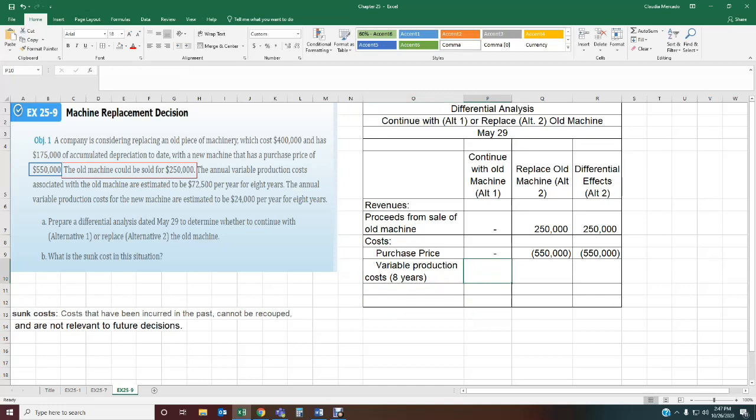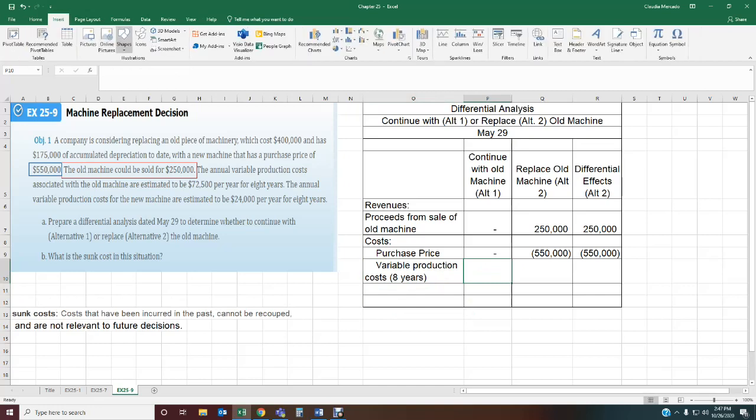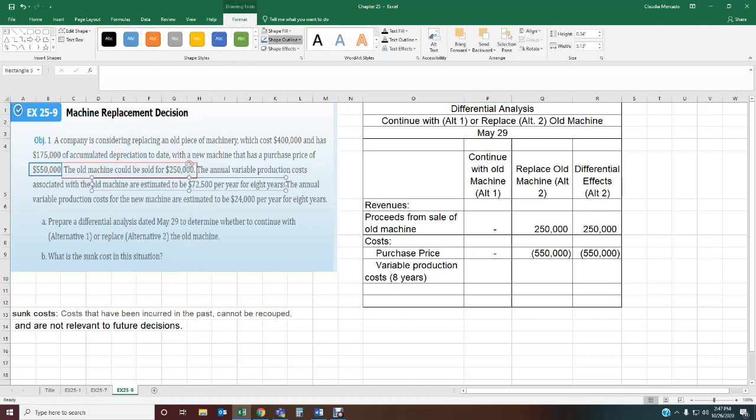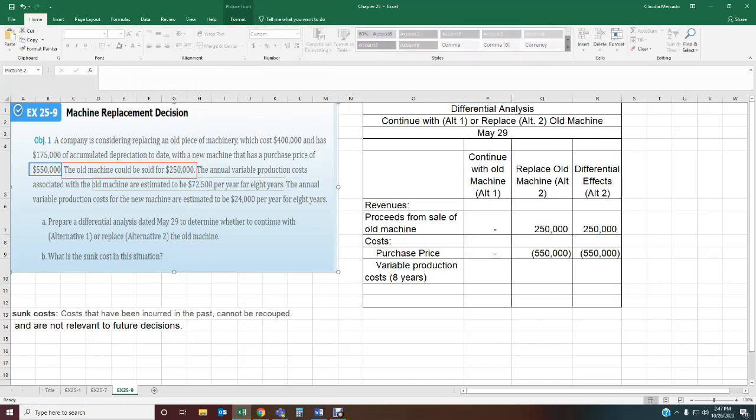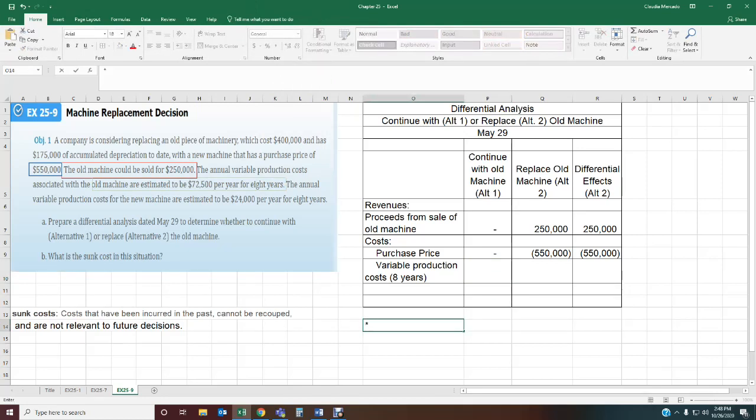Okay, so now we have to locate the information for my estimated costs. For the old machine, your estimated cost is going to be $72,500 per year for the next 8 years. Okay, right there. Okay, so let's do some calculations down here. This is if you decide to continue with the old machine.